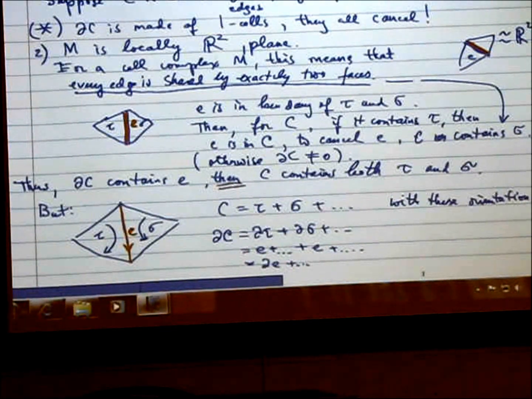What does it mean? They didn't cancel, and so the boundary is not zero. C is not a cycle. So this is how it might not work out, even though we have satisfied this condition: C contains both sigma and tau, and yet there is no canceling.